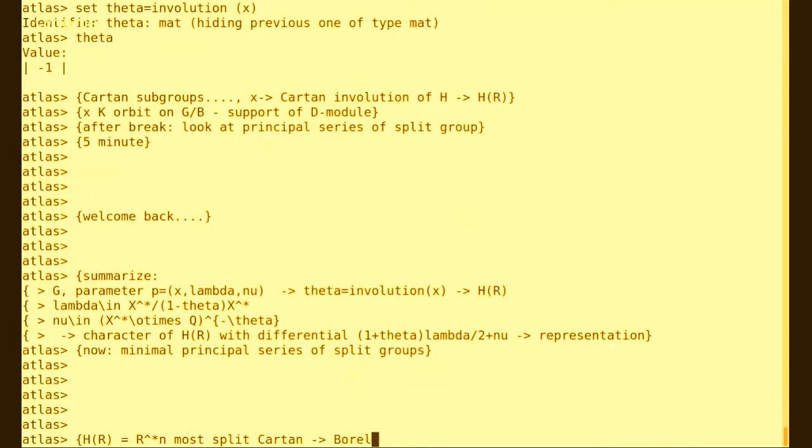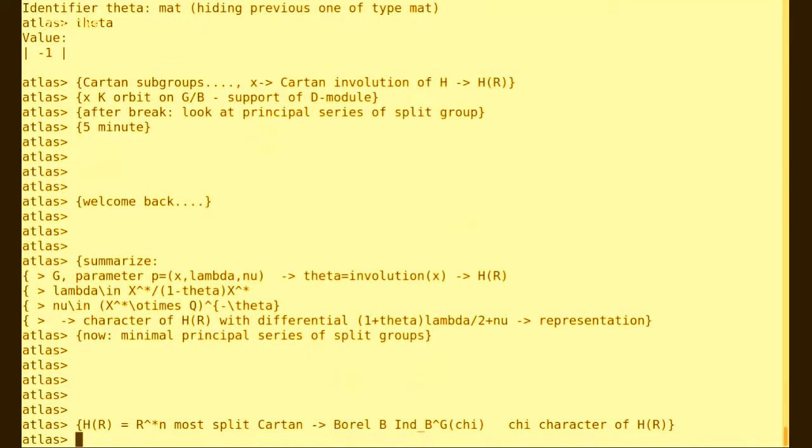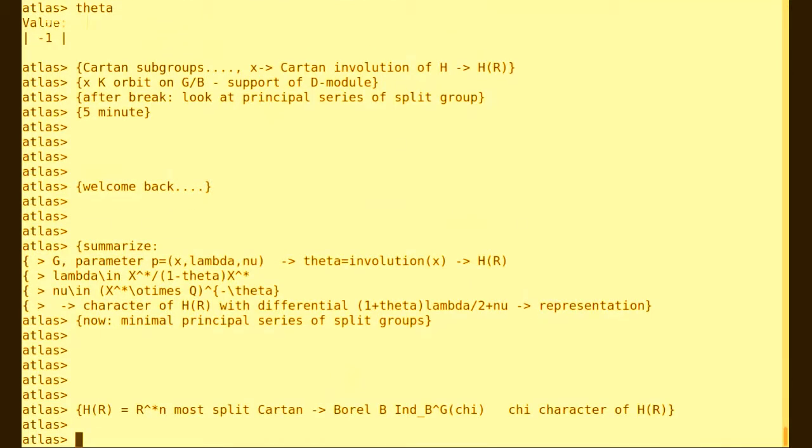There's a Borel B with this Cartan, and you can just look at the ordinary induced representation from B up to G of chi, where chi is a character of H of R. So the representations associated to characters of Cartans, in the case of the split Cartan of a split group, is simply parabolic induction from the Borel. And so that's what I wanted to look at first.